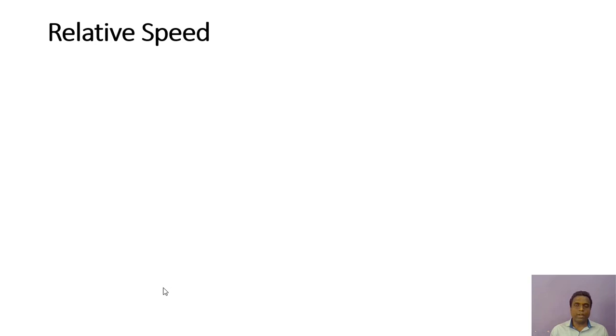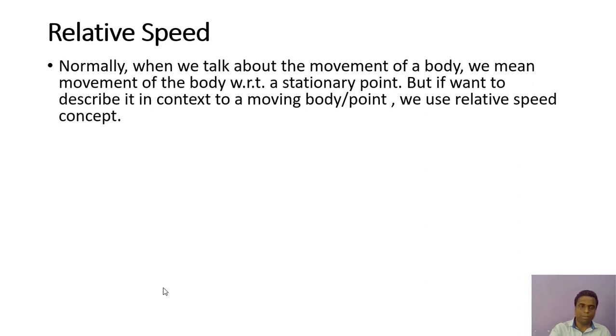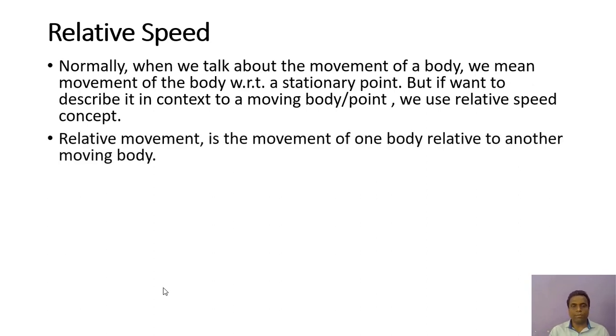Relative speed is defined as, if two bodies are moving, the speed of the second body with respect to the first body, or the speed of the first body with respect to the second body, is defined as relative speed. We will look at its precise definition. A relative movement is a movement of one body relative to another moving body.